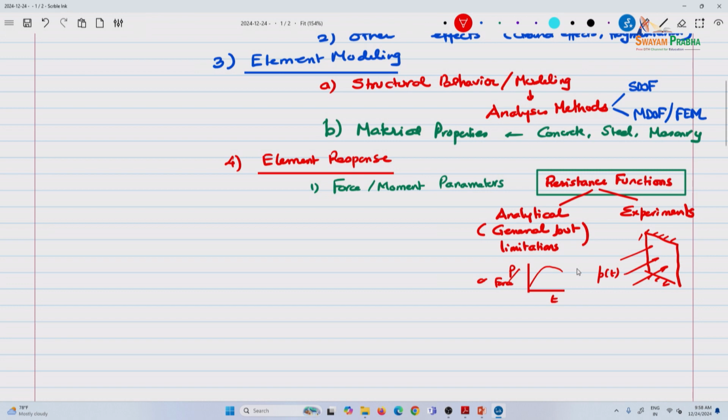So it's expensive, you don't know how accurate your measurements are, especially for certain materials, and then it is limited to the boundary conditions of that particular experiment that you do. But again, it's very commonly done.